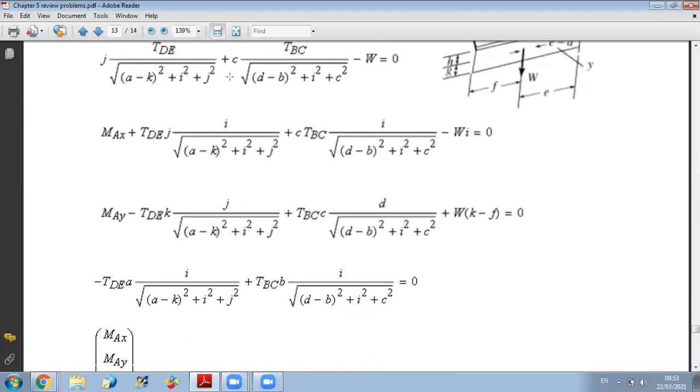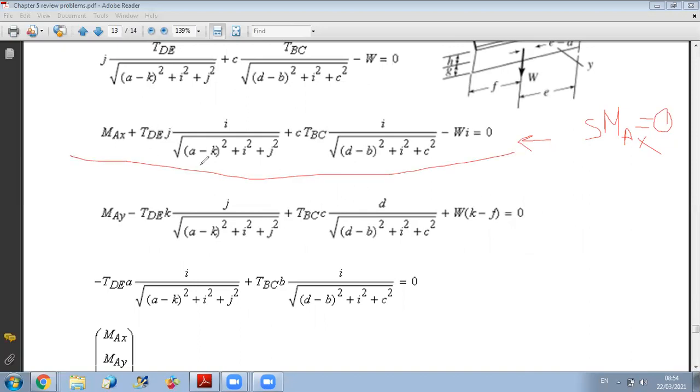The first one represents the sum of moments about A in X equals to 0. So you cannot find this relation directly, as I directly put it. You should do the expansion or do the right hand rule if you want also, but I advise you in 3D to use the vectorial method.